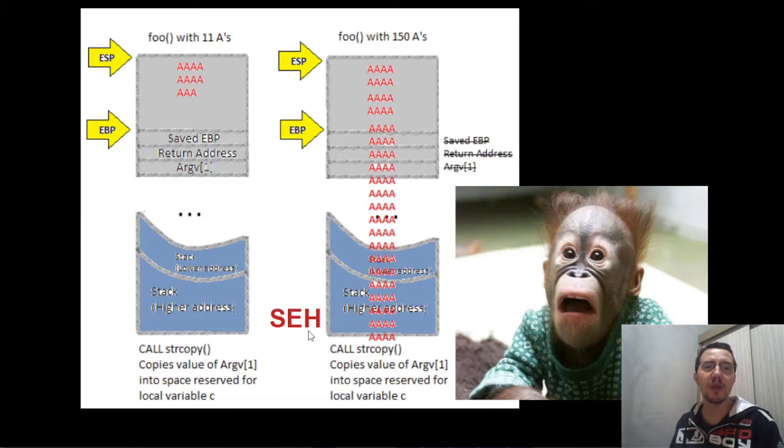As we can see here, SEH is located at the end of the stack. So the SEH is a resource of Windows to handle the exception handler, and the SEH of Windows is located at the end of the stack.